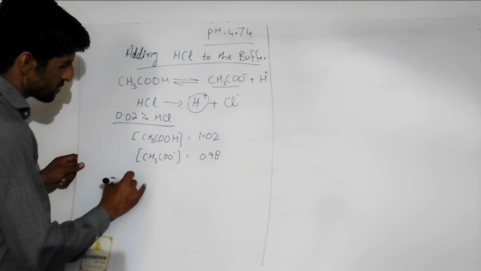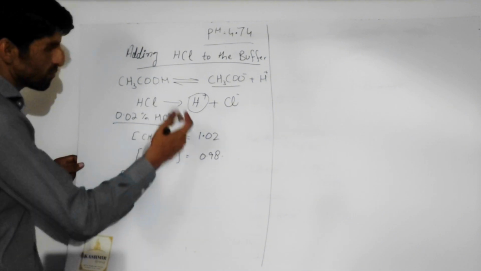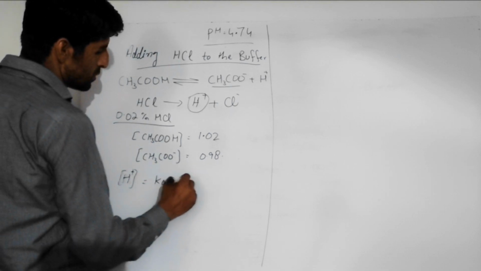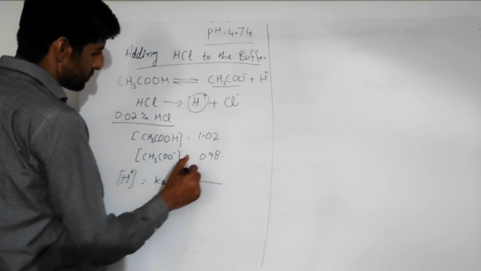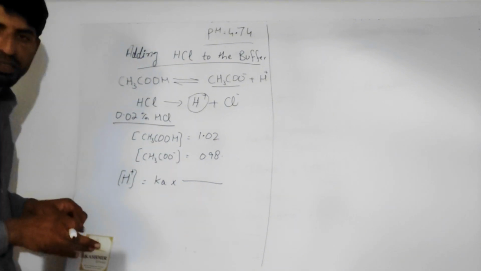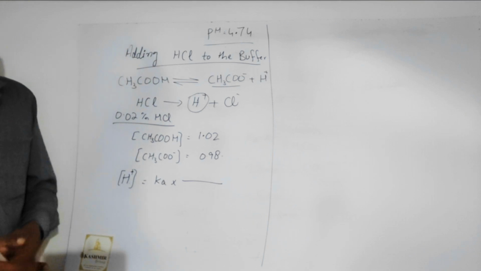From the formula, Ka into the concentration of acetic acid over acetate ion, we will again put in the concentrations.